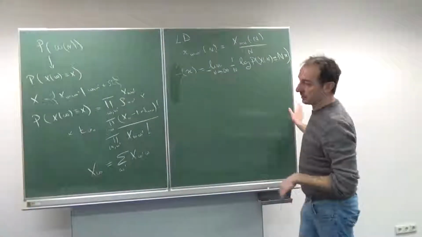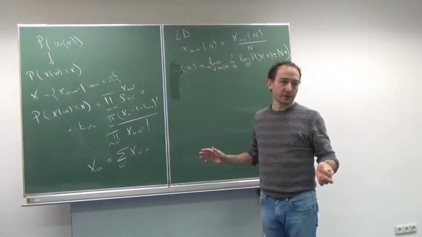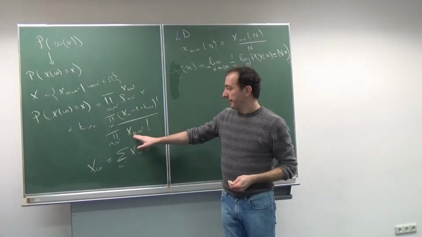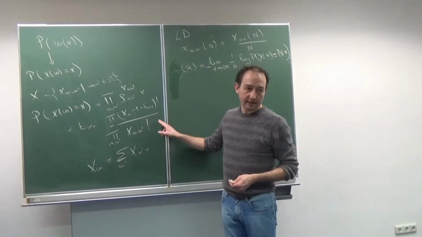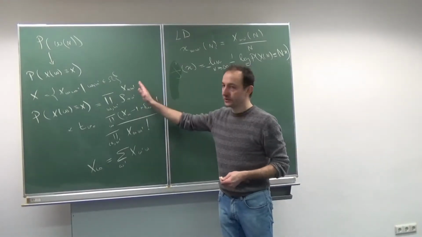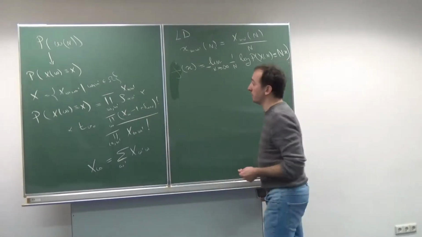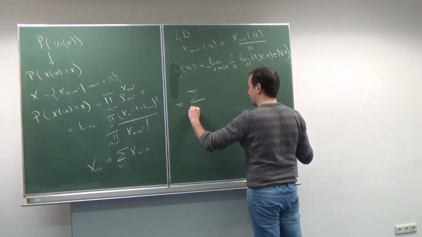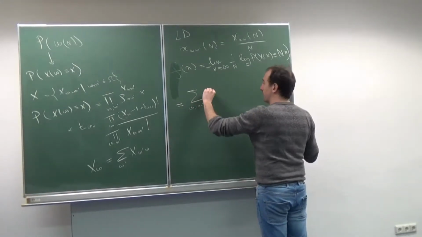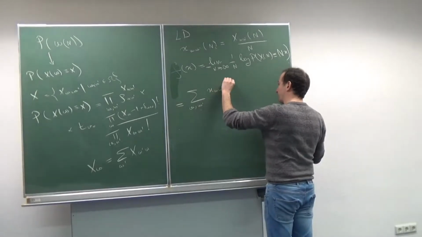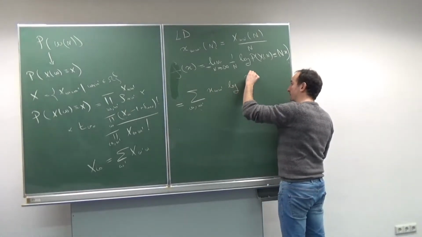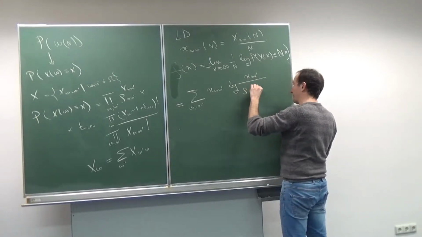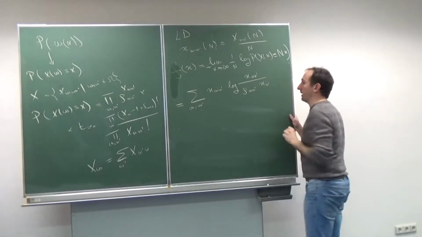And this is exactly the same calculation as we've done before with the relative entropy, because we will have x log x minus x log x minus x, et cetera. I don't do it explicitly, you do it as homework. You obtain the sum over omega prime of x omega prime, logarithm x omega prime over rho omega prime x omega prime.